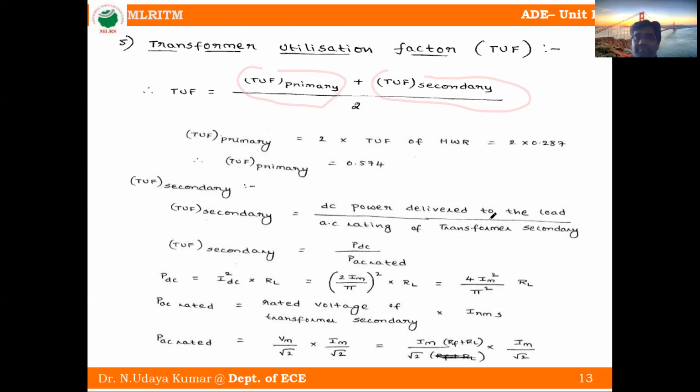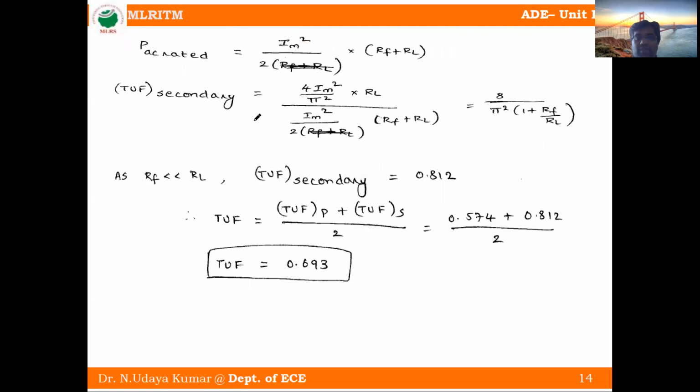So the total TUF is 0.693. This is similar to the half wave rectifier, which I already explained in detail, so I'm not describing all the formulas again. In the full wave rectifier, TUF is 0.693.